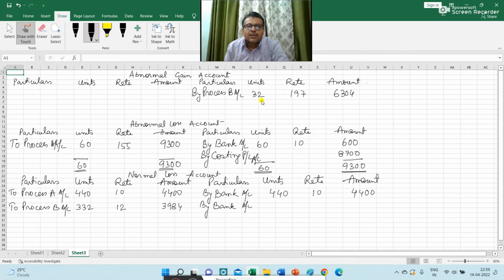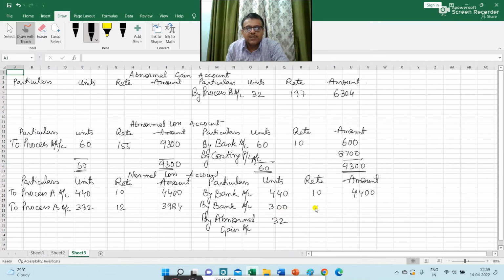So 32 units was collected as abnormal gain. So the number of units that will be sold as scrap from process B account will be 300, and by abnormal gain. So you can see that in normal loss account, I am segregating these 332 units as by bank 300 units, and by abnormal gain account 32 units.